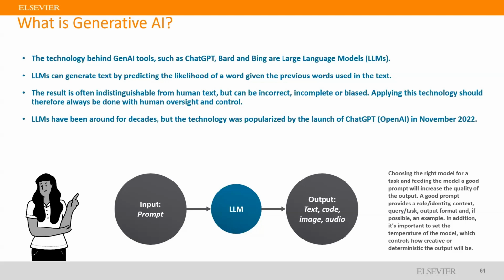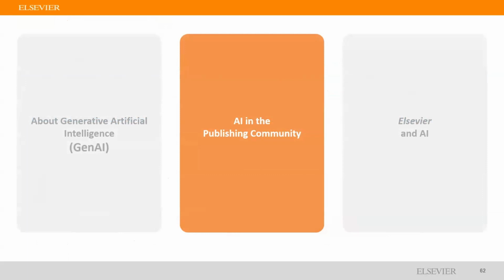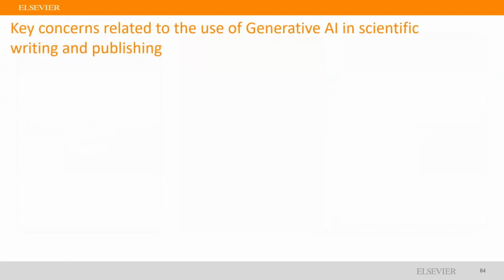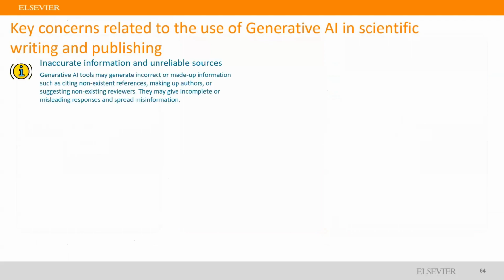I think what I'll do, conscious of time right now, is quickly give you an idea of the key concerns that we have related to Gen AI in scientific writing and publishing.